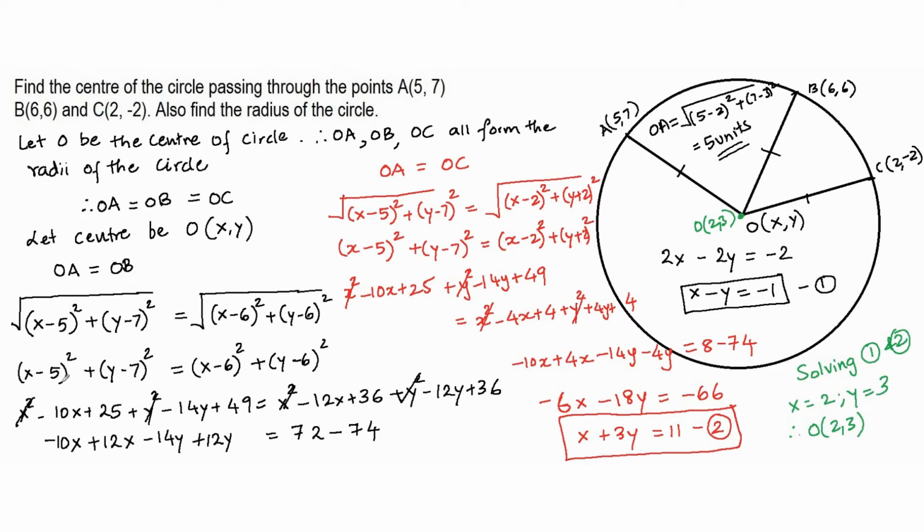Pausing for a couple of seconds before taking up the next question. Take a look at all the concepts that were used here. And in these problems, x square and y square cancel on both sides. And that is how you get linear equations in x and y.